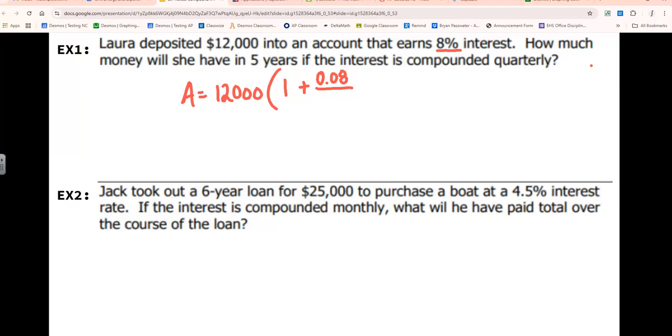If my interest is compounded quarterly, how many times per year is that? 4 times. 4 quarters in a dollar, 4 times per year. And then you will raise it to the N times T power. The N is 4. Whatever number goes here also has to go up here. It's easy to forget to put that number there. And then we'll multiply that by 5.